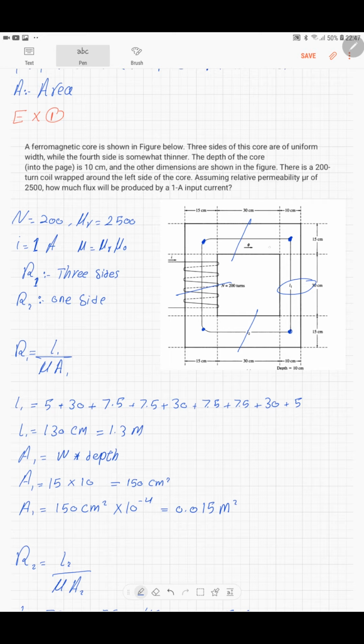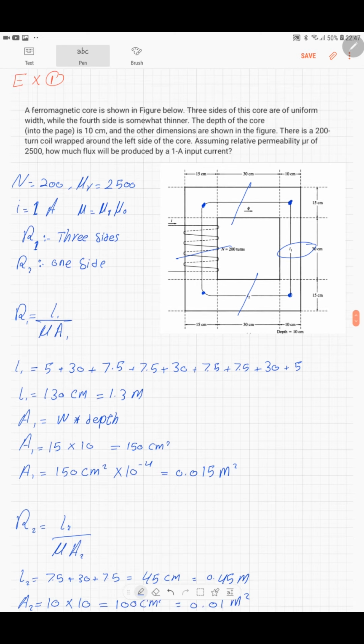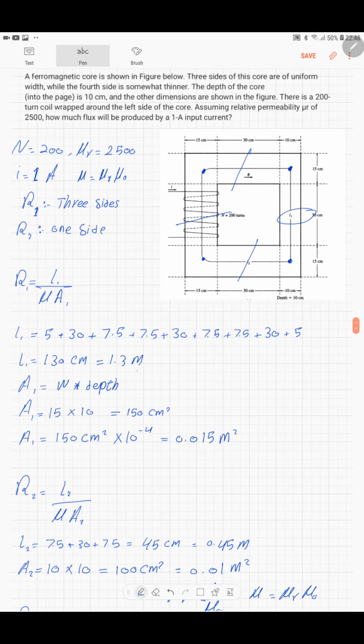For the three sides, L1 will be 5 centimeters plus 30 plus 7.5, because 7.5 is half of 15, plus 7.5 plus 30 plus 7.5 plus 7.5 plus 30 plus 5. As we do all the summation, we have a length L1 equals 1.3 meters.